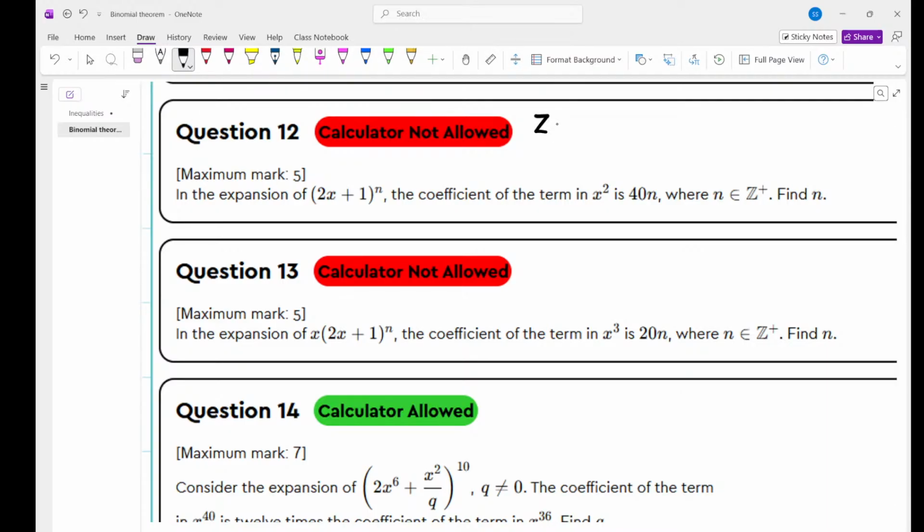Every time you write it, z is what? Integers. Z plus is positive integers. Write it every time, everywhere, until your mind remembers that z plus is this, z is this. Otherwise, keep writing it whenever you encounter this.